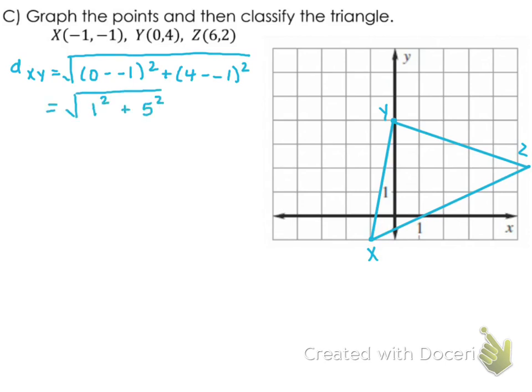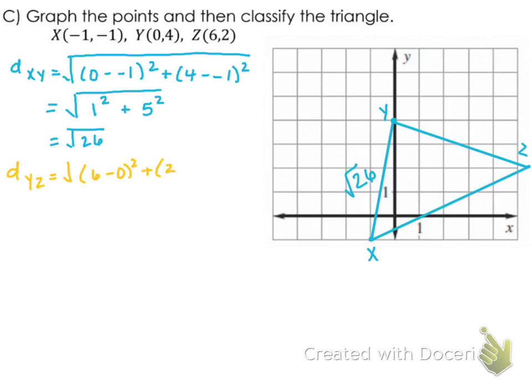Plug in my points. I get the square root of 1 squared plus 5 squared, which gives me the square root of 26. I'm not going to reduce the radicals for this problem, and I'll explain why when we're classifying the triangle. So my length of segment XY is the square root of 26.